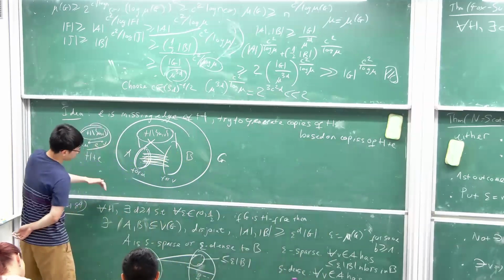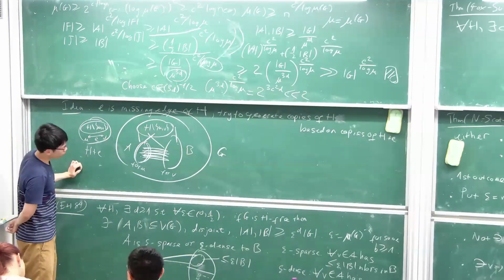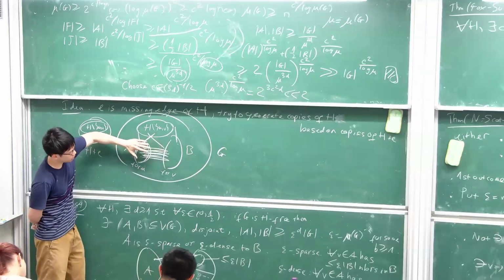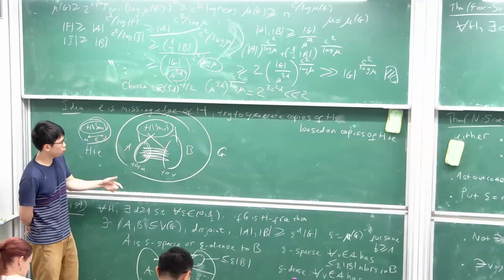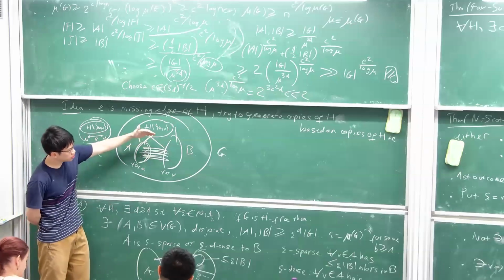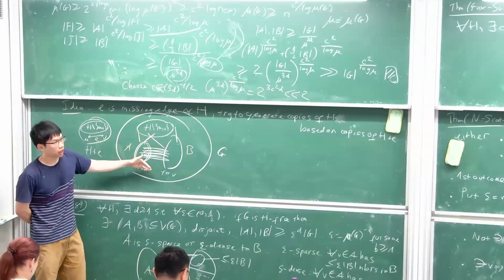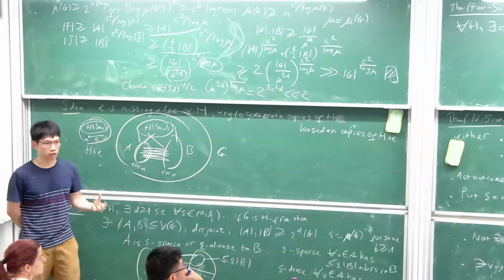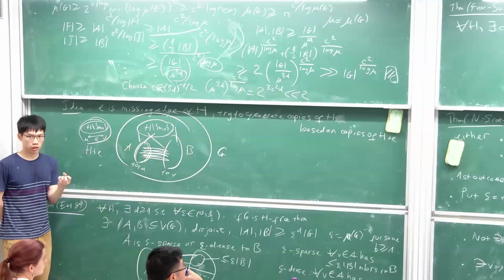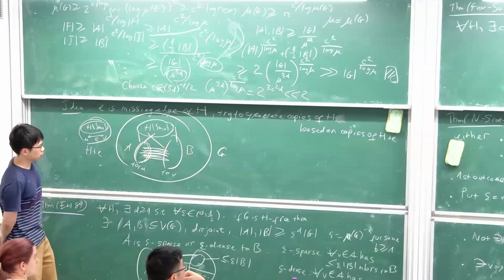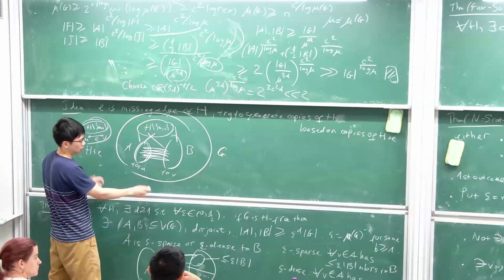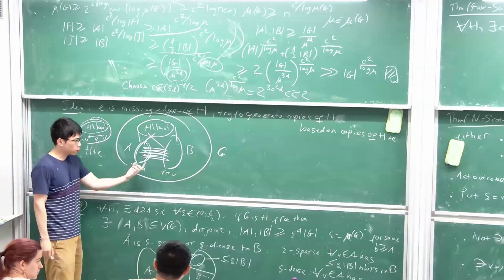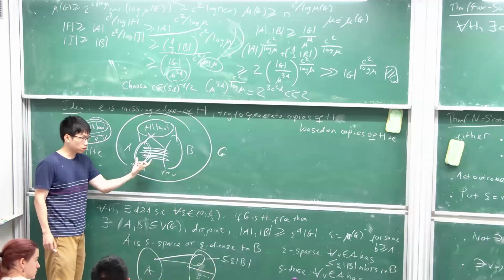So now the point here is, if between A and B there are too many edges, or in other words, if the density between A and B is very high, then we can actually obtain the second outcome over there, which is the dense outcome. Right? Does that make sense? So what this amounts to saying is, if the second outcome over there cannot hold, then there has to be a pretty good number of non-edges between A and B.